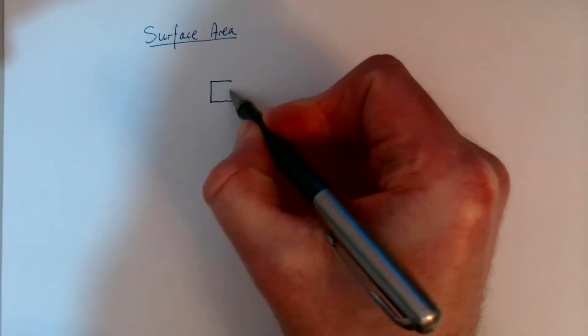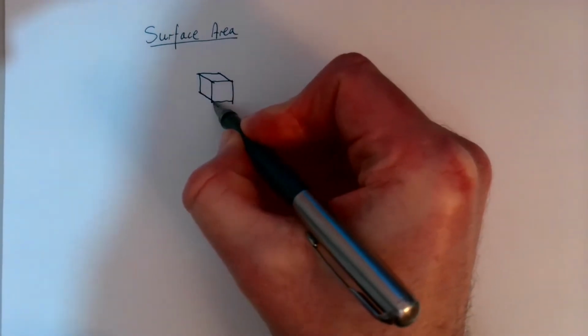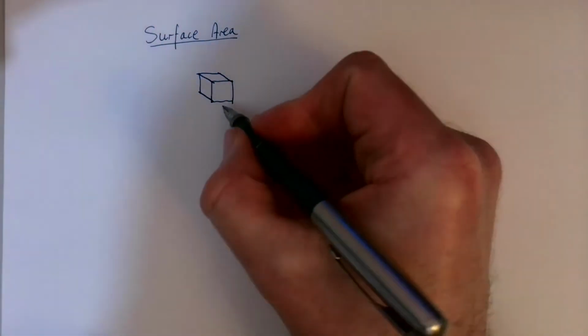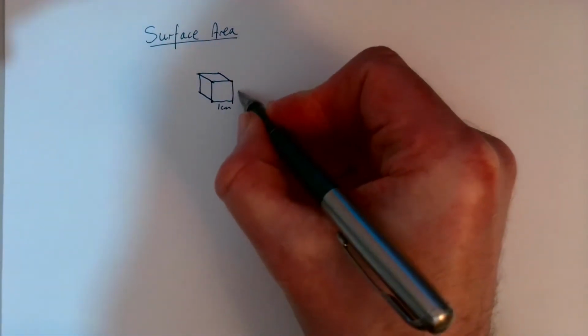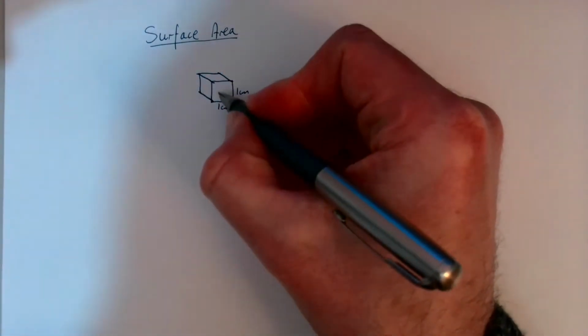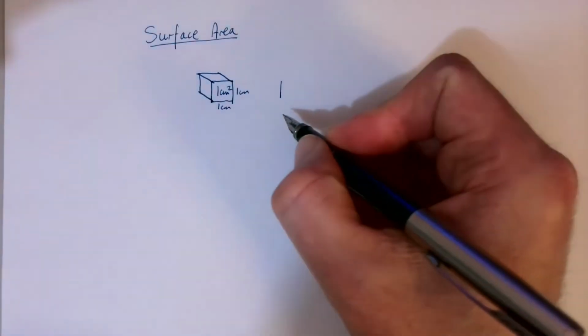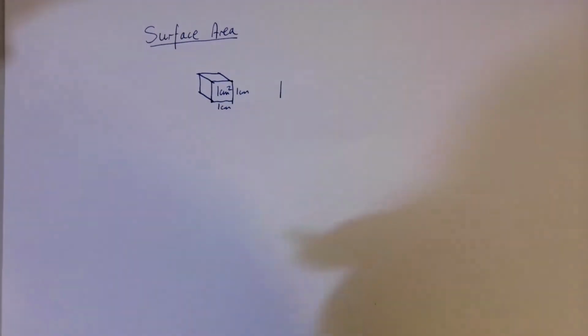So if you had a cube looking like that, and it was a 1 centimeter cube, this would be 1 centimeter squared, wouldn't it, just for that area. But if you were to maybe pause the video and see if you can draw the net of the cube for me.